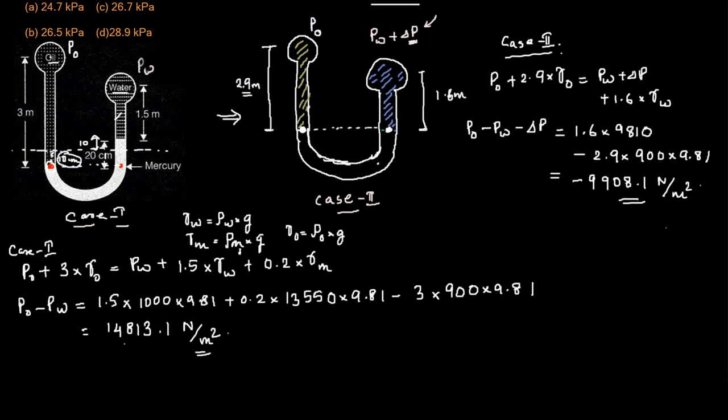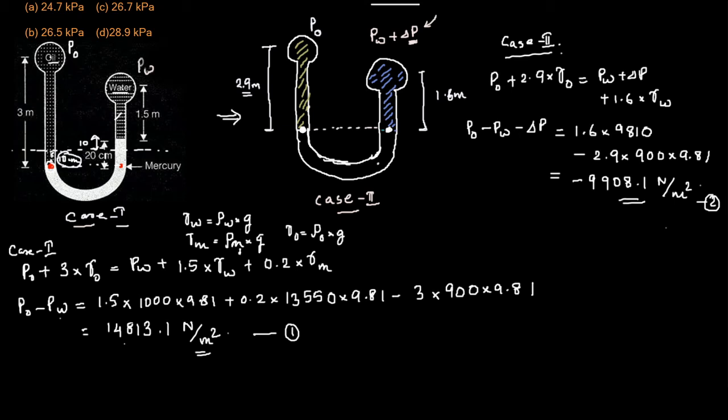What we want is delta P, and we have P0 minus PW common in both equations. So let's call this equation 1, and this equation 2.